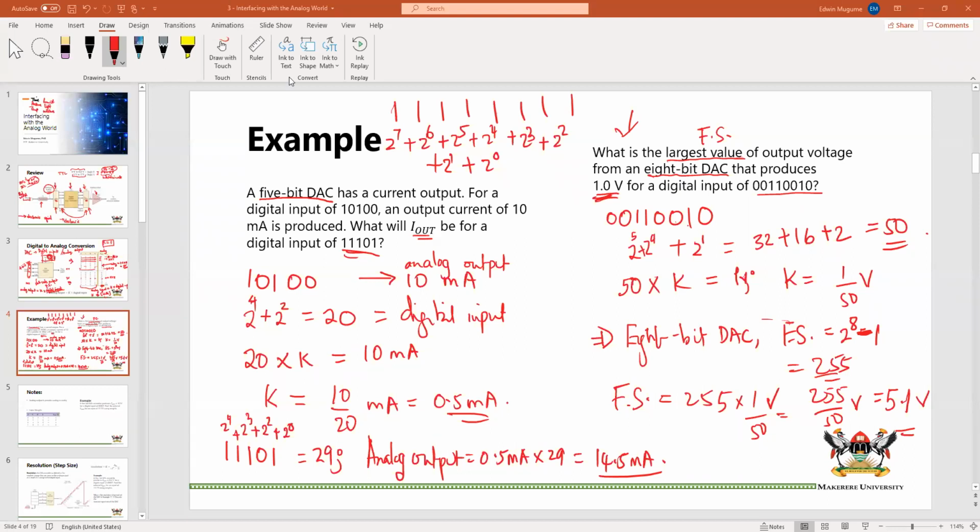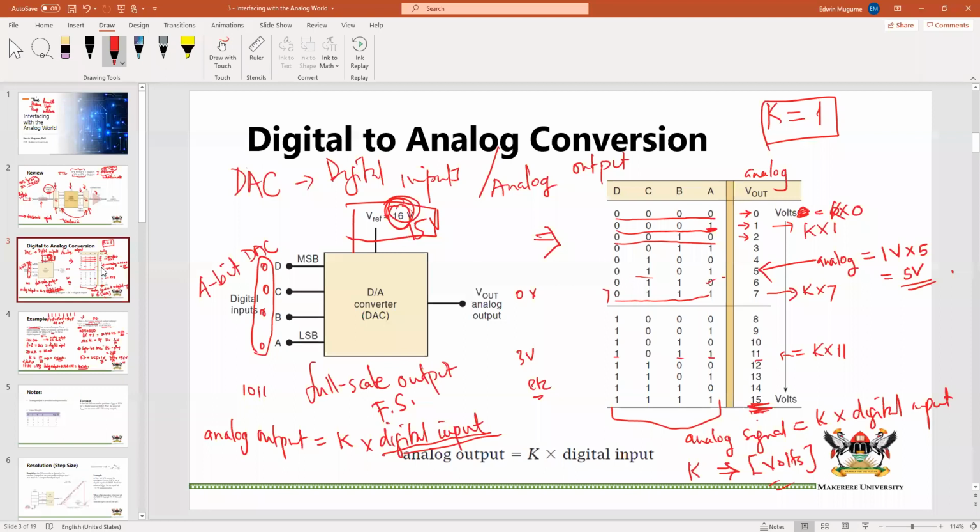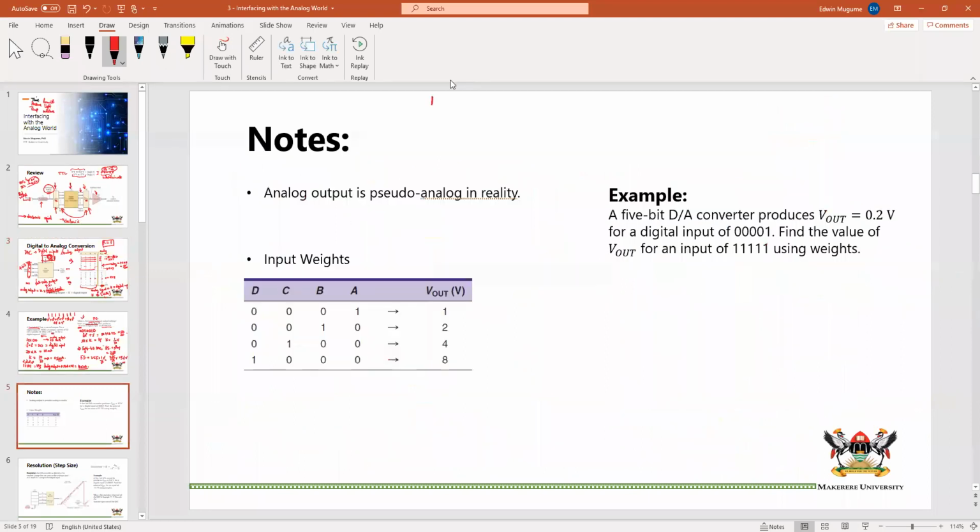Now, this is really simple mathematics, and actually this chapter is quite simple. Everyone should be able to find it quite easy. Let us look at an example. Let's make a reduced version of this, and consider that we are doing a 2-bit DAC. B, A, V out.